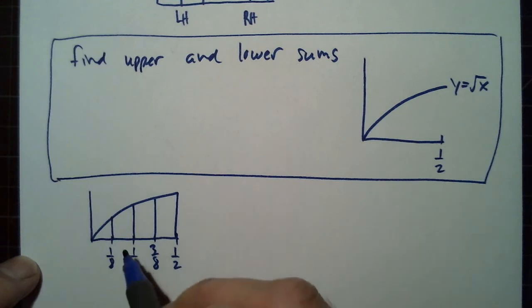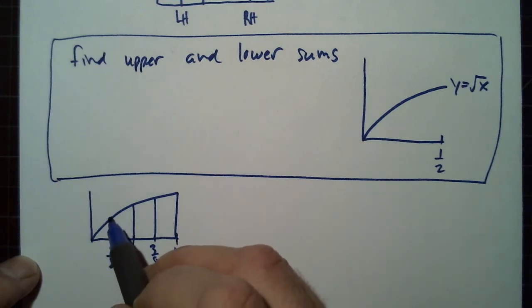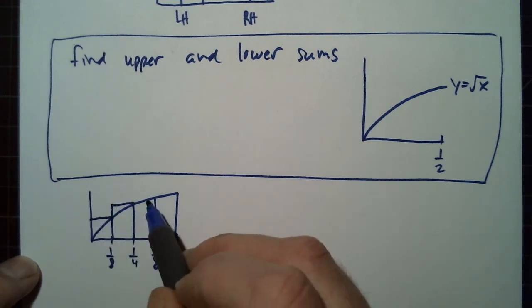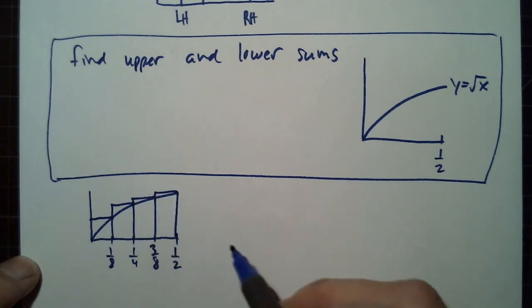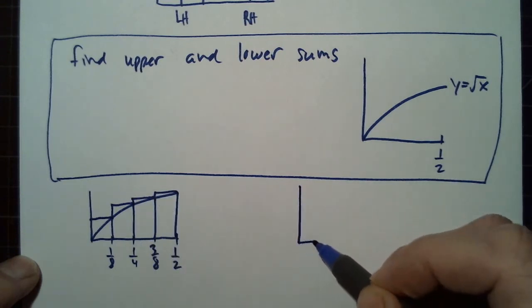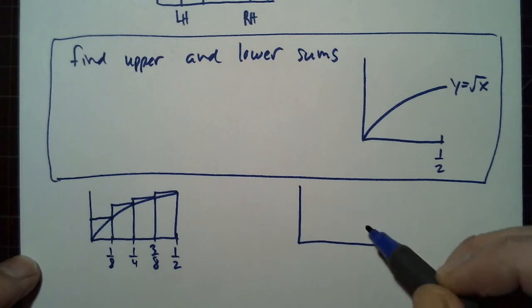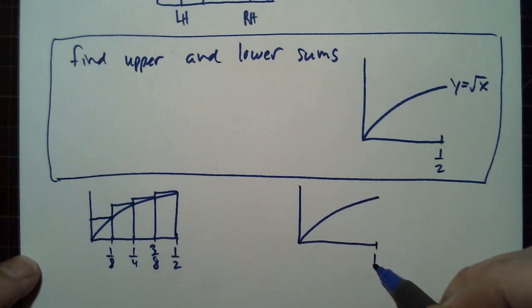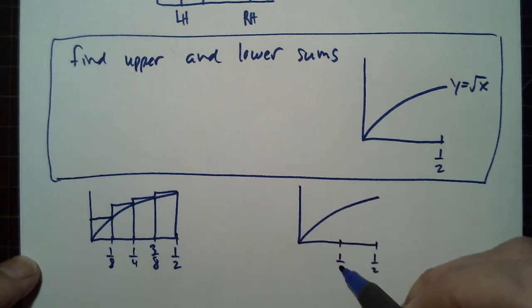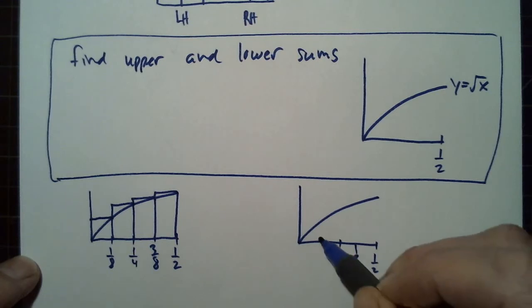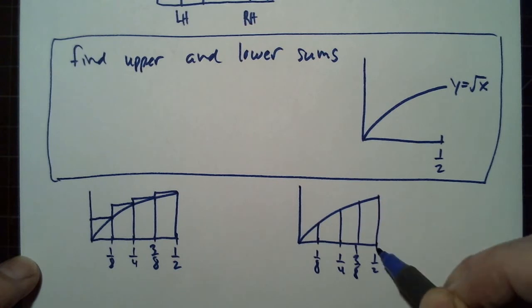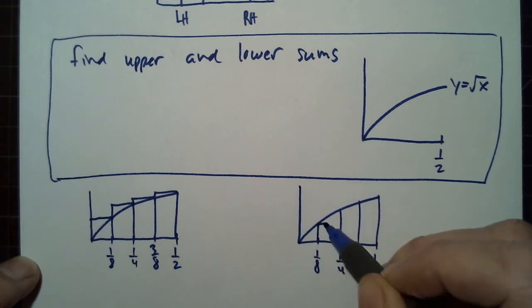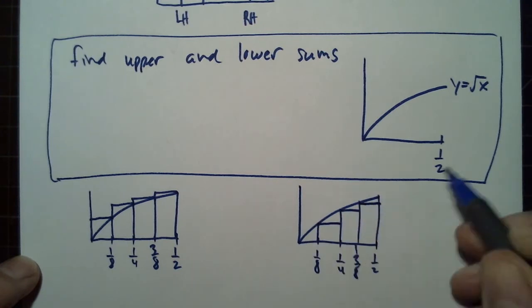And if we're going to find the upper sum, we would need the right-hand rectangles. The lower sum uses left-hand rectangles.